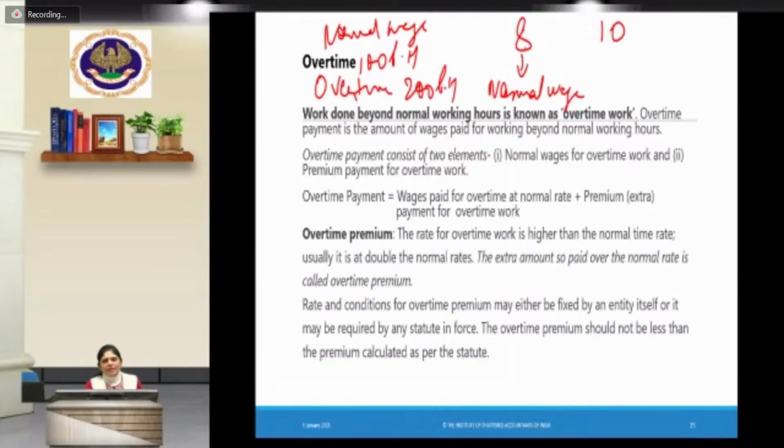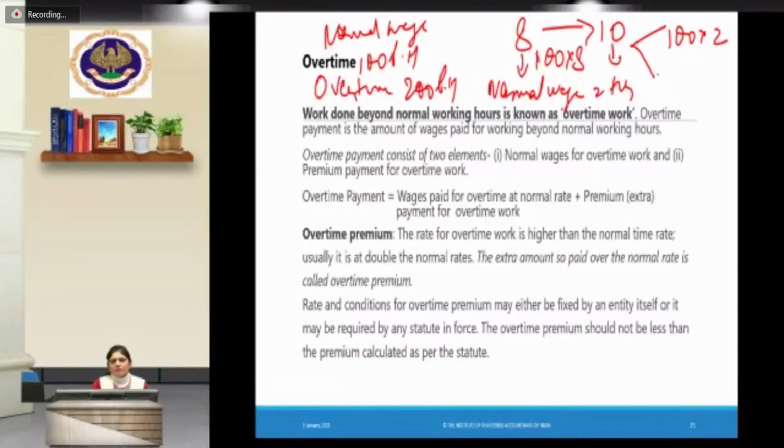So for 8 hours, I'll be paid 100 into 8. This is the normal. For 10 hours, I will be paid the normal wage rate also, so 100 into 2. The overtime is 2 hours. So for 2 hours, I will be paid the normal wage rate also.